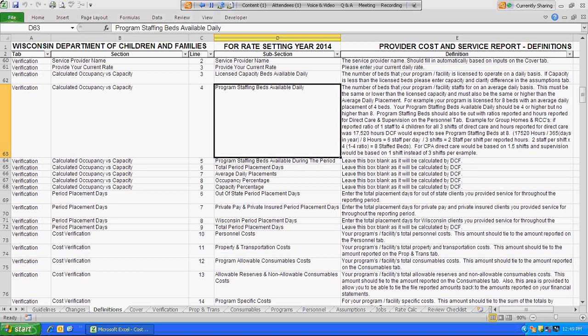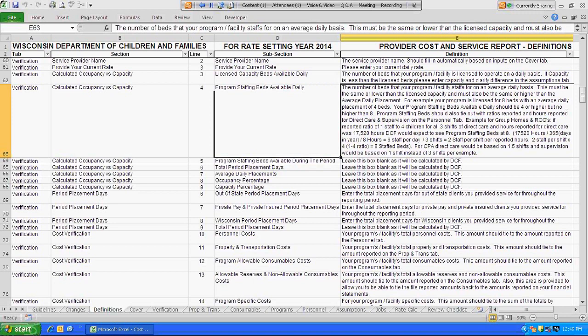So if you're a group home licensed for 8 beds and your average daily placement is 4, then your staff beds should fall somewhere between 4 and 8. There are also calculations in the definitions to help calculate your staff beds, depending on the number of hours you're reporting for direct care and supervisory staff.